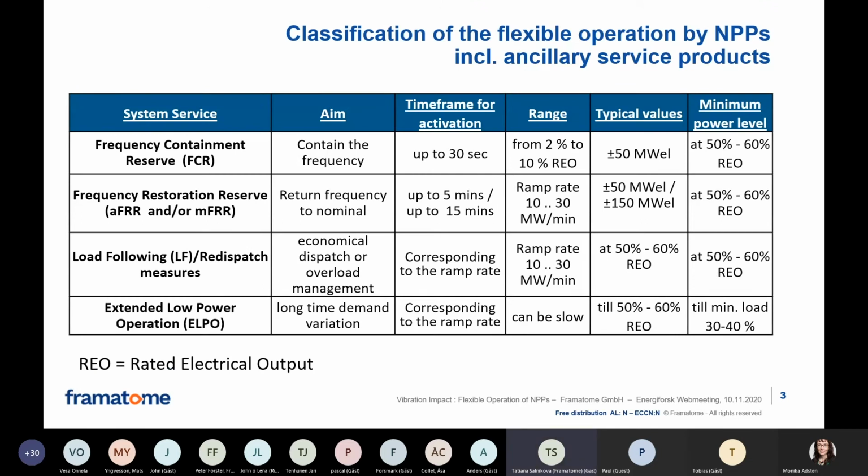Before we go further, we thought the most important thing was to find a correlation between the type of flexibility the plant is performing and the results we see. So in all interviews we performed, we spoke about which kind of flexible operation the plant really performed over the years.